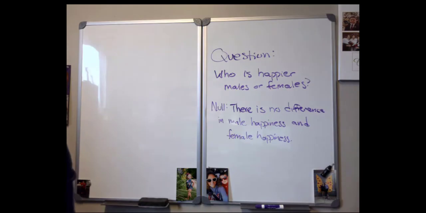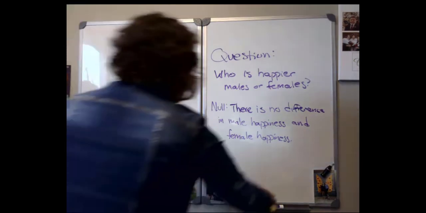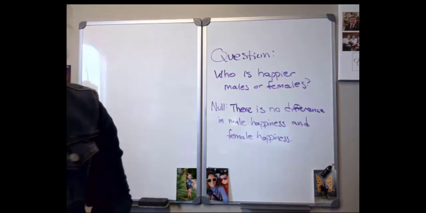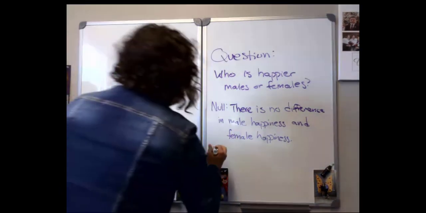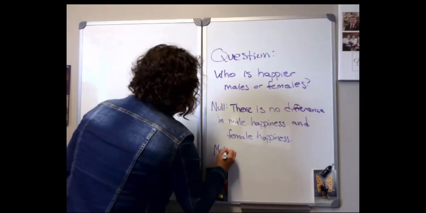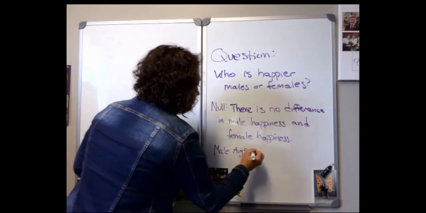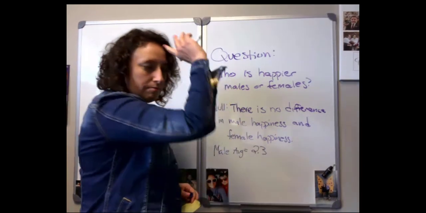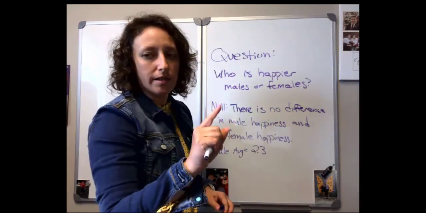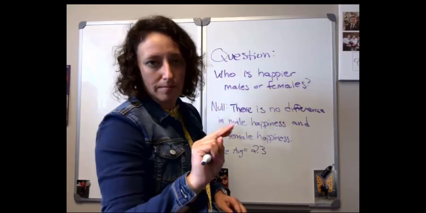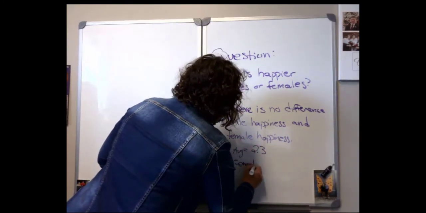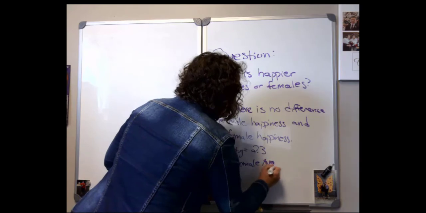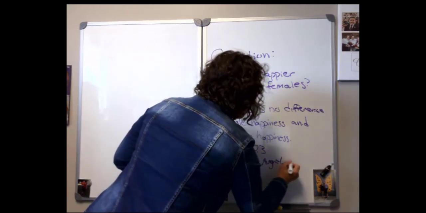Okay, so for my males, my average happiness is roughly 2.3. I'm going to say male average 2.3. Remember, the 1 on the happiness scale is really sad, and the 7 on the happiness scale is really happy. The female average is 6.3.